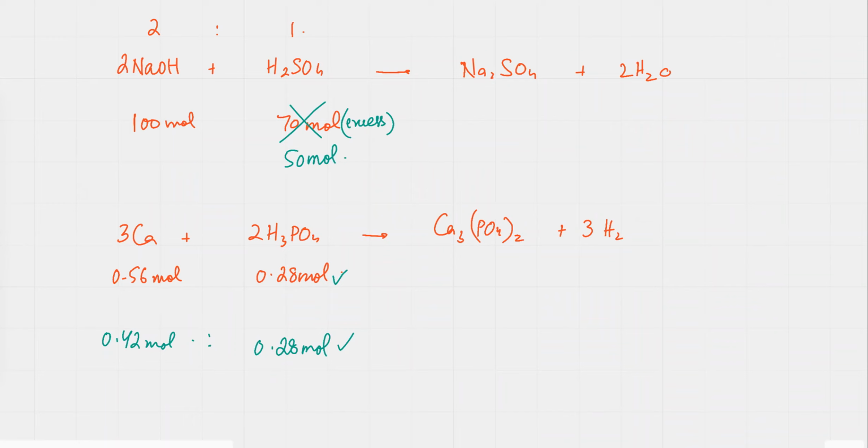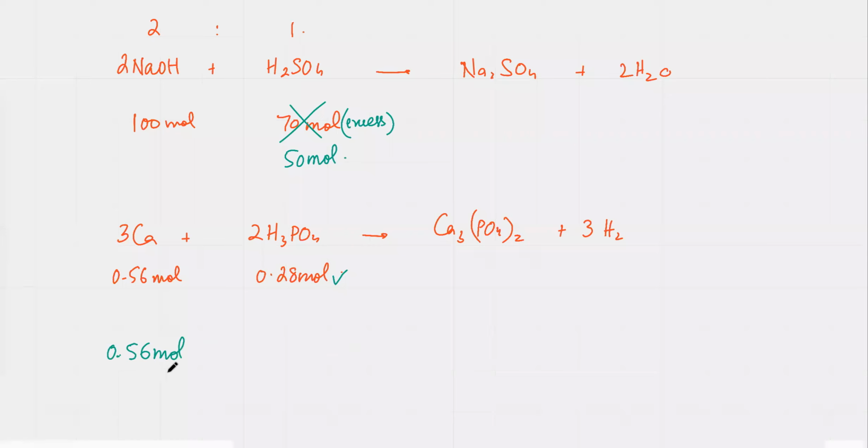What if you do it the other way around? If I do it the other way around, I can also figure out which one is in excess. Let's assume 0.56 moles were to react fully.